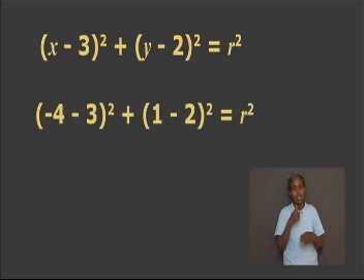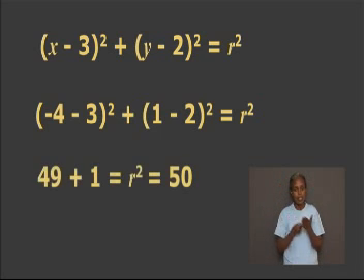Since the point P is on the circle, we get (-4 minus 3) squared plus (1 minus 2) squared equals r squared.